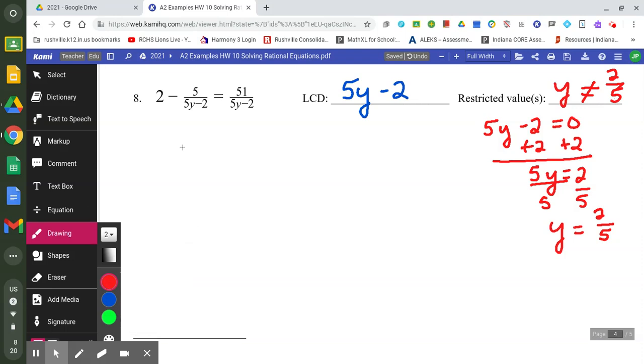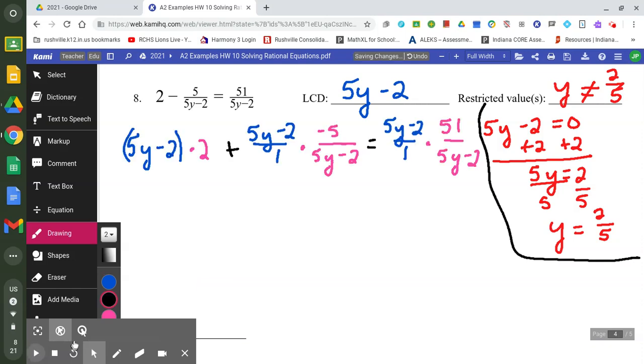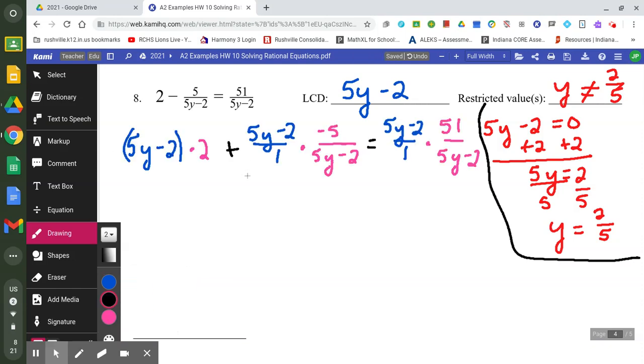All right, so we're going to set up our greatest common factors, or least common denominators. Okay, now everything is set up. So I have this 5y minus 2 times 2. Well, this has to distribute. So 10y minus 4.